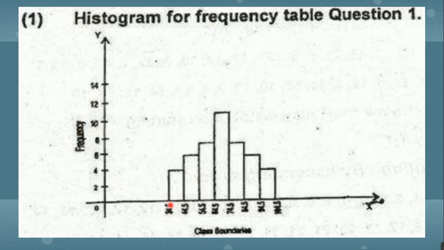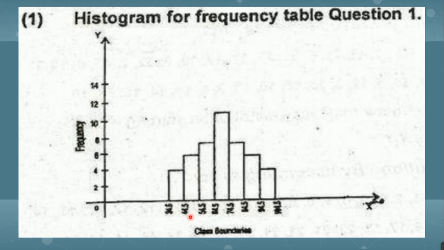The first class boundary 34.5 to 44.5, its frequency is 3, so you will make its height up to 3. You will check from the y-axis where is 3, so its height will be up to 3.